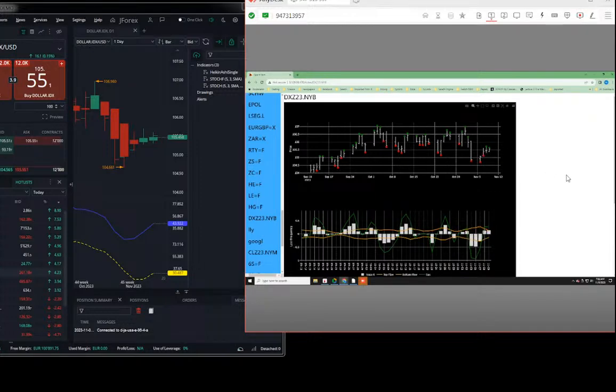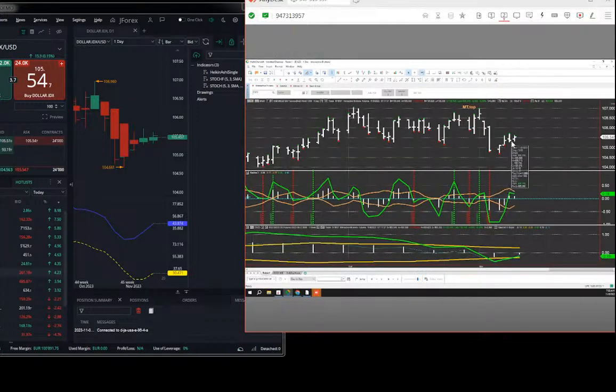And what else we got going on? Let's take a look at it on the other side. In other words, we'll take a look at it on the platform we use right now that we send out charts on. There it is right there. Let's put it up on the screen. Right there. You can see there, 2 days in a buy there too. Now, I don't think we're going to see a mountaintop, but it is trying to lift back up a little bit.